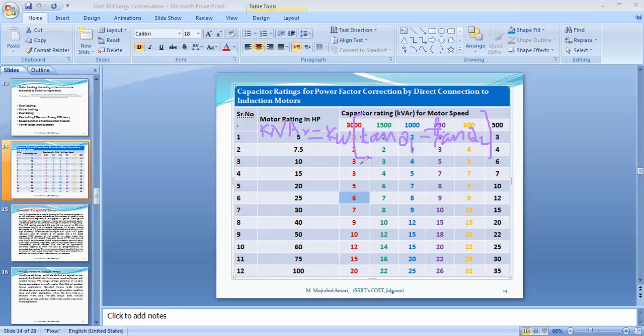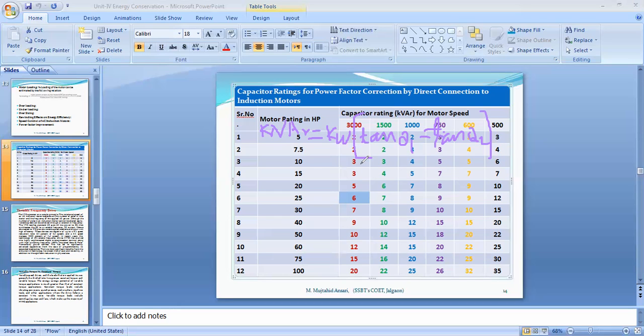Now this kVAR of the capacitor is used for the APFC, so we will make some steps. Say for example 100 kVAR capacitor is needed, so we will put 20 kVAR, 20 kVAR, then it is 40, then 10, 10, 10, so it becomes 70 kVAR, then 5, 5. By mixing the number of steps, we are able to maintain the power factor with small changes.